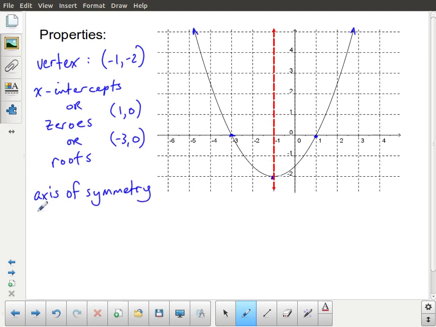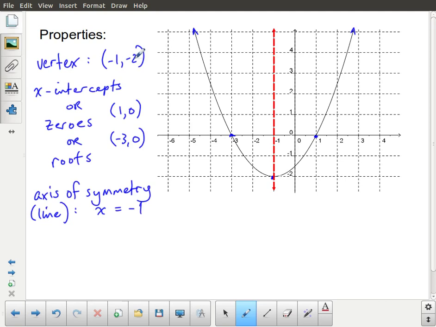So remember that this is the equation of a line, which means you have to write it as the equation of a line. And so the equation of this line is x = -1. And as you can see, the x = -1 corresponds to the -1 of the x-coordinate of the vertex.